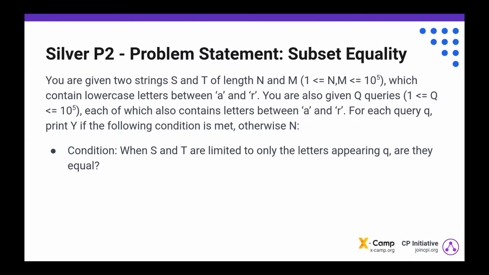Note that each query only contains the letters A through R, none of the letters are repeated, and the letters are guaranteed to be sorted. So Q has a max length of 18, because there are 18 letters between A and R. The longest possible query can be all letters from A through R.